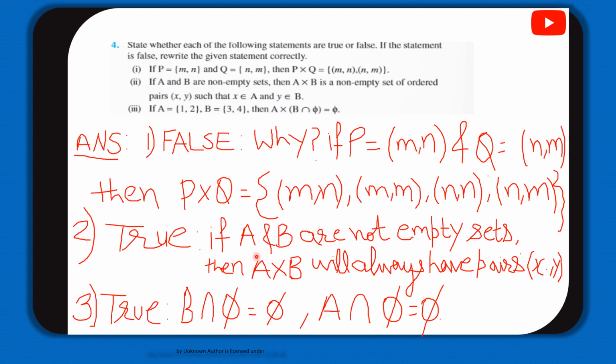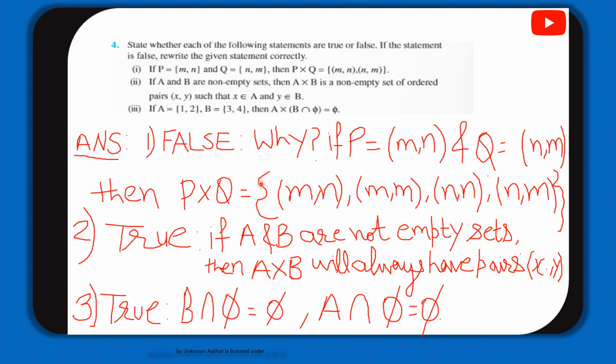If A and B are empty sets, then A multiplied by B will always be an empty set. But if A and B are non-empty sets, then A multiplied by B will always have pairs (x, y), where x belongs to A and y belongs to B.